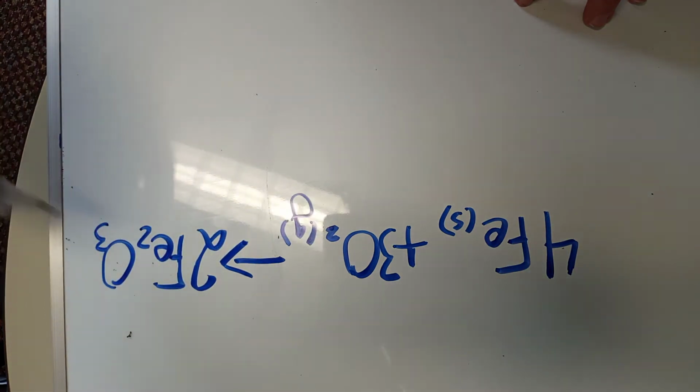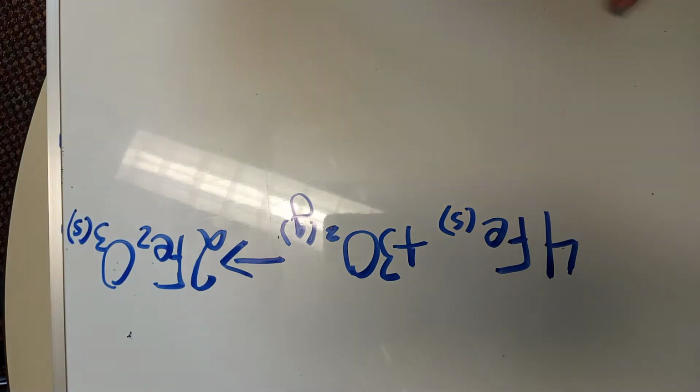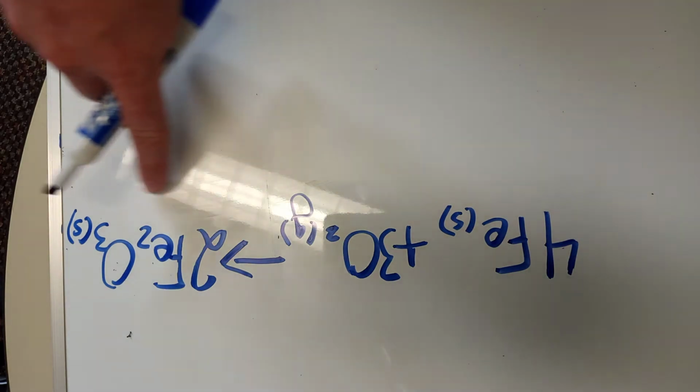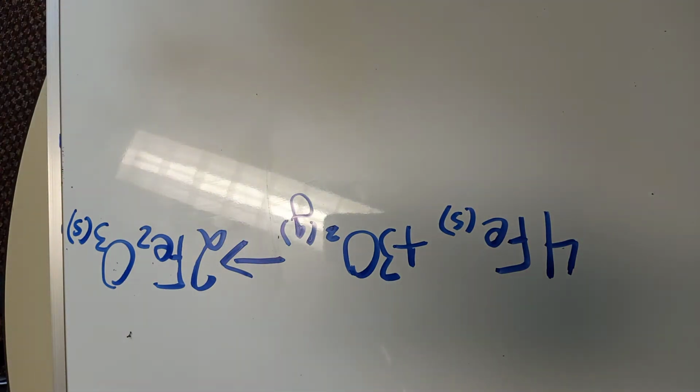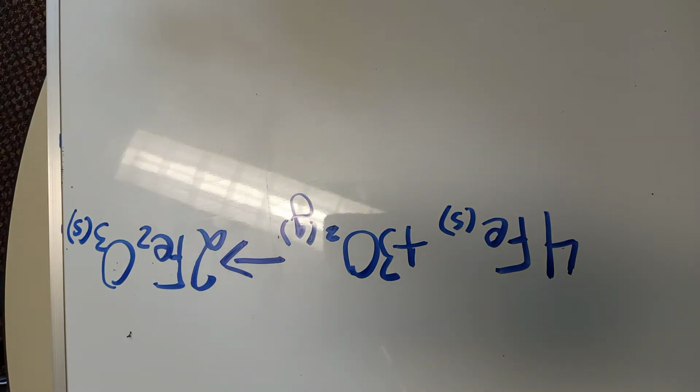This is essentially the rusting reaction. If this were one of the reactions you were doing for this lab, you might get this reaction, and then it asks you to write a net ionic equation.